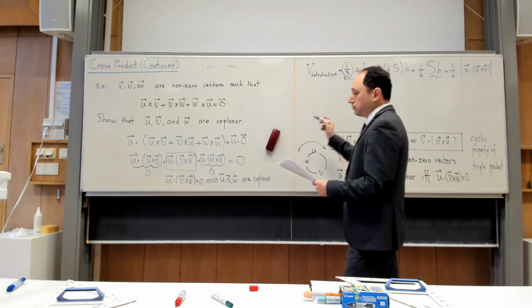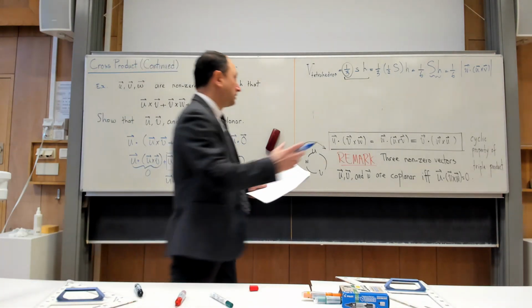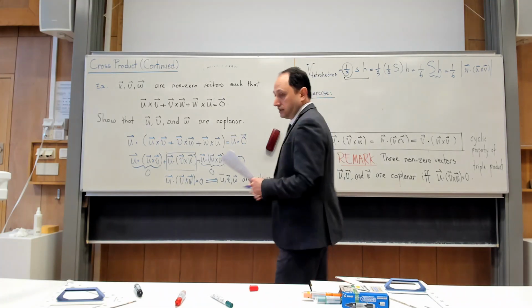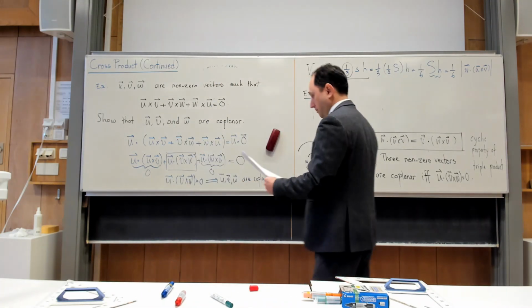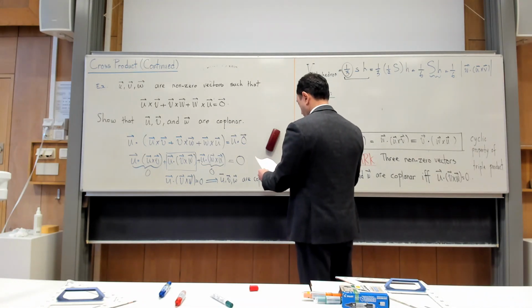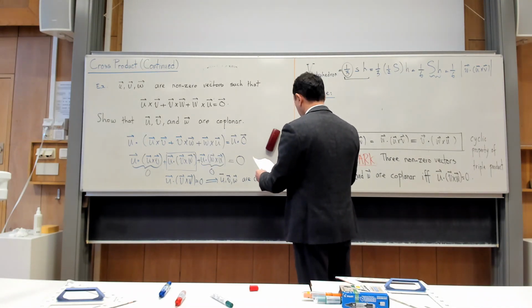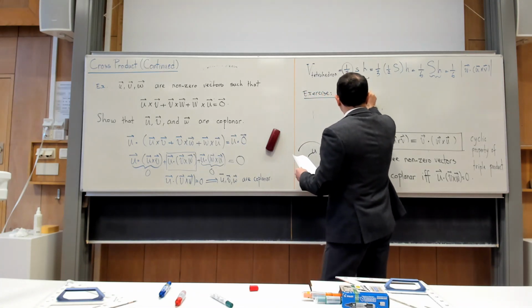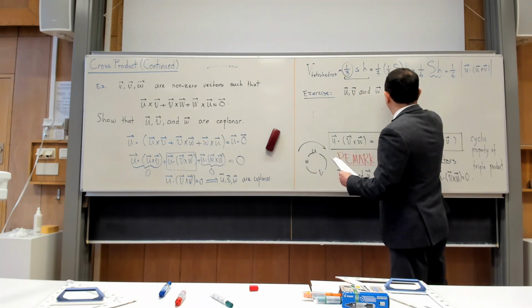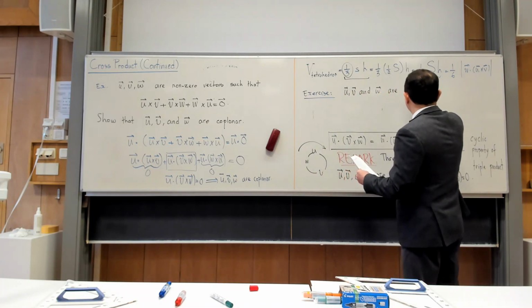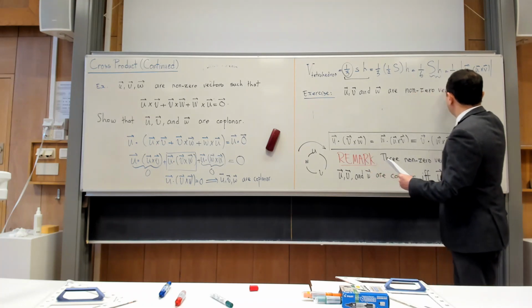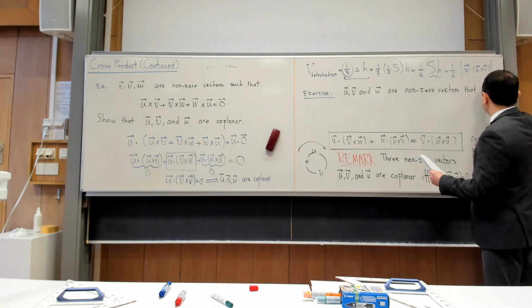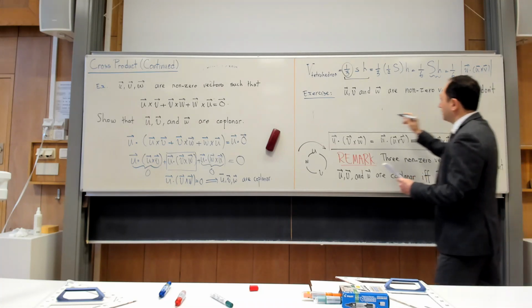Okay, so let me write an exercise. U, V, and W are non-zero vectors that don't lie on the same plane.